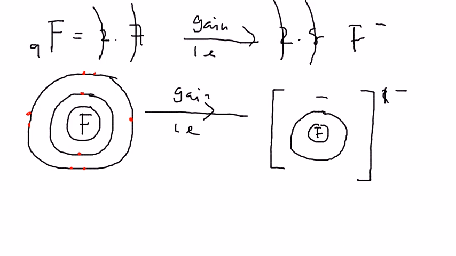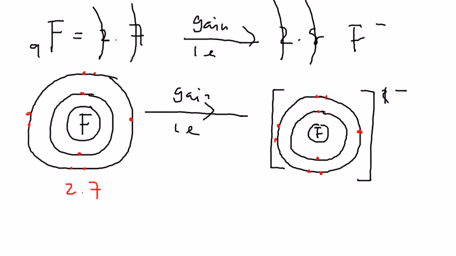Then you draw the original electrons, meaning originally it has 2,7. So we have 2 here, and here you draw the 7: 2, 4, 6, 7.